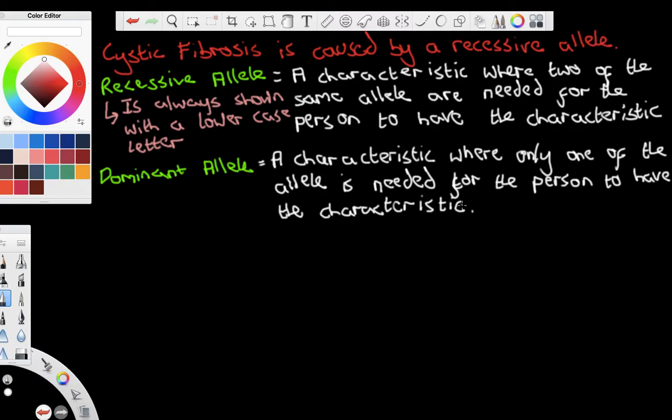Okay. Now, dominant alleles are always shown with a capital letter.